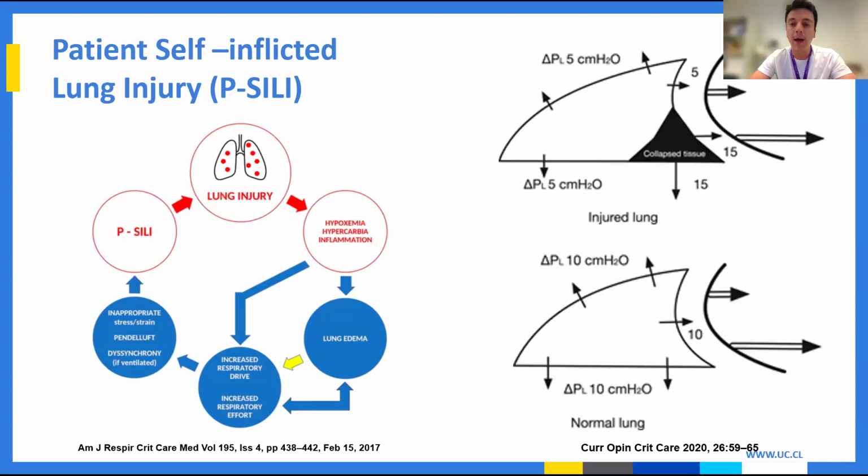Whereas in an injured lung with some collapsed tissue, the transmission of the pressure is not homogeneous, it is actually heterogeneous, and that's called the solid-like behavior. So we will have higher pleural pressure in the surrounding area of the collapsed tissue. This puts these areas at more risk of lung injury, especially the dependent lung areas, when the diaphragm is activated.